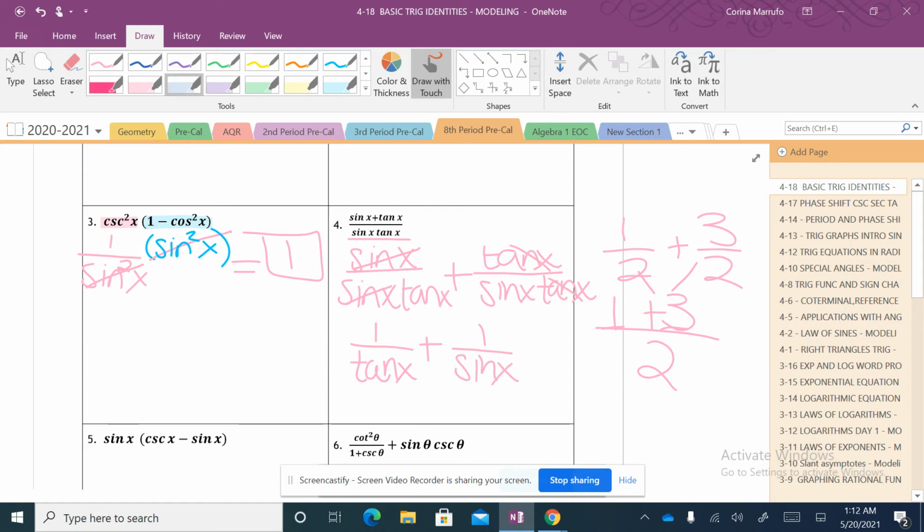Okay, our last step to simplify is the opposite of tangent, because this is 1 over tangent, is cotangent. Plus, the opposite of sine is going to be cosecant. Cosecant of x. And then that's it.